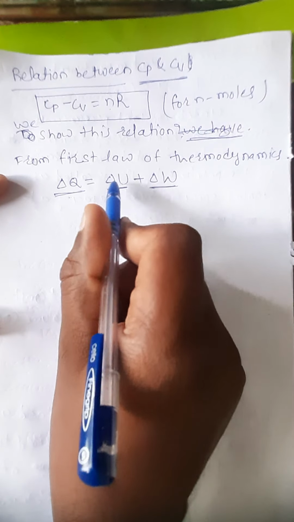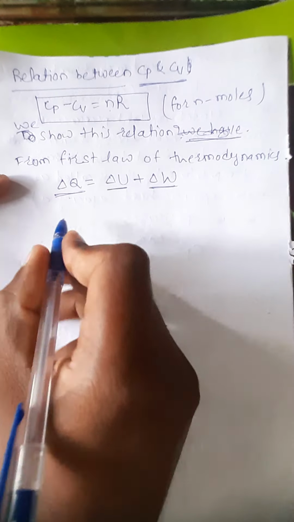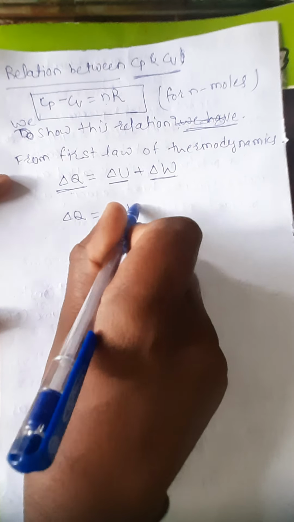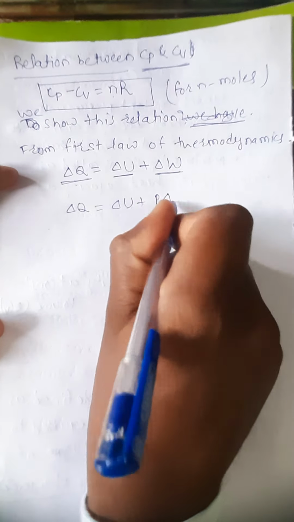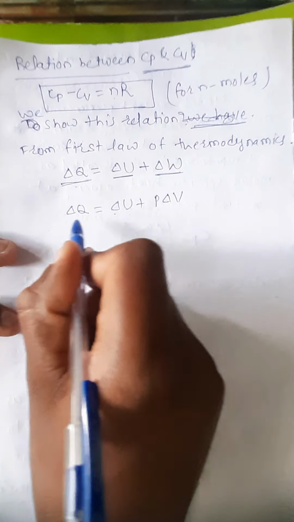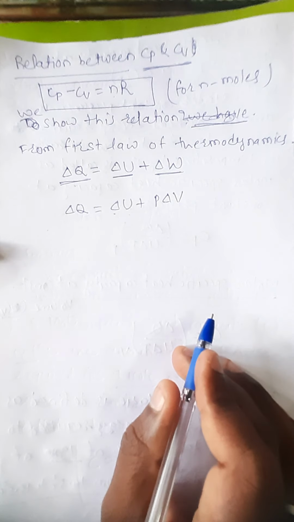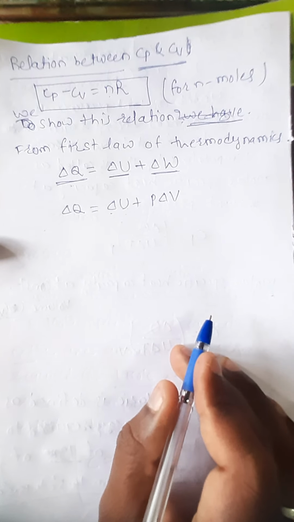Therefore, delta Q is equal to delta U plus delta W, where delta W can be written as P into delta V. Delta V is the change in volume, delta U is the change in internal energy, and delta Q is the amount of heat energy. Then divide both sides.